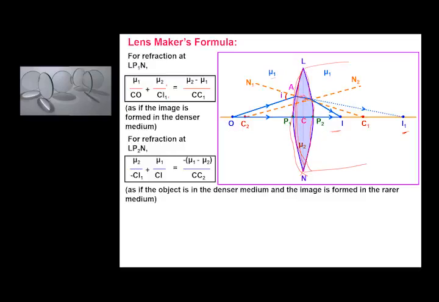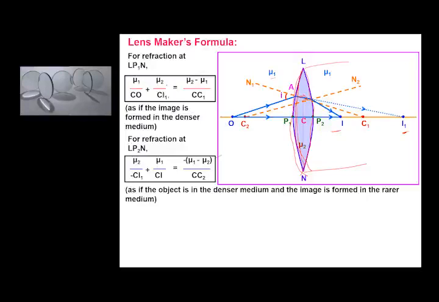So we consider mu2 as the object medium: refractive index of object medium by object distance, plus refractive index of image medium by image distance, is equal to mu1 minus mu2, that is the outside mu1 minus mu2.